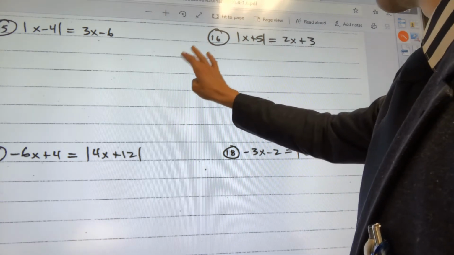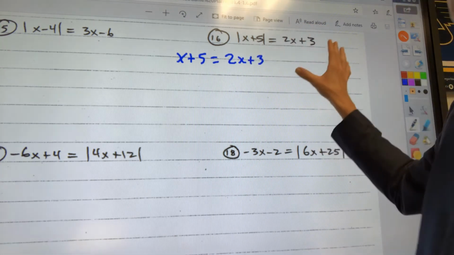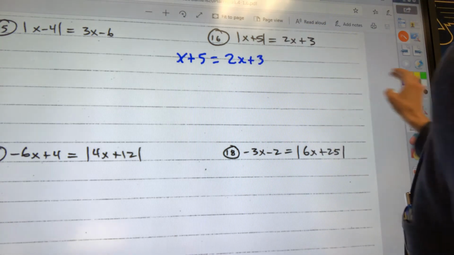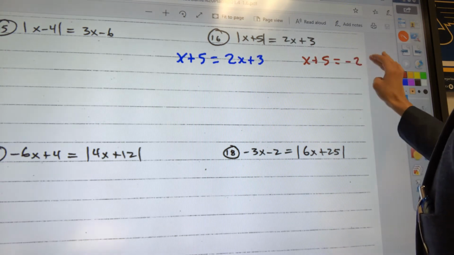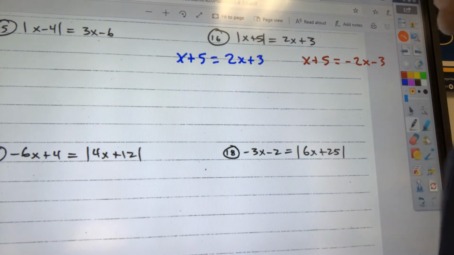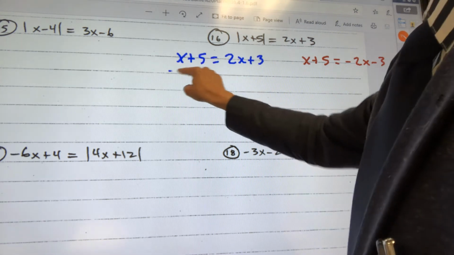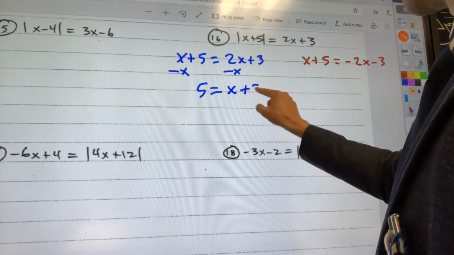So the absolute value of x plus 5 equals 2x plus 3. I drop the absolute value and I write exactly what I see, versus x plus 5 equals a -2x minus 3. I'm going to subtract x from both sides. I'm going to subtract 3.